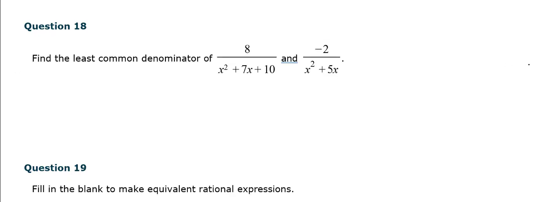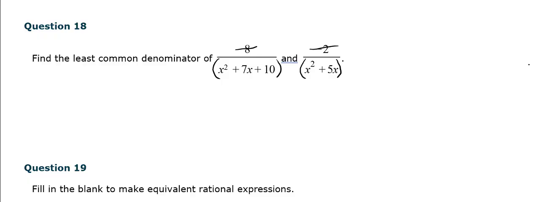So the next problem, we're finding the least common denominator of 8 over x squared plus 7x plus 10 and negative 2 over x squared plus 5x. Again, just dealing with the denominator. So I put anything that has plus or minus signs or are polynomials in parentheses and factor whenever possible.